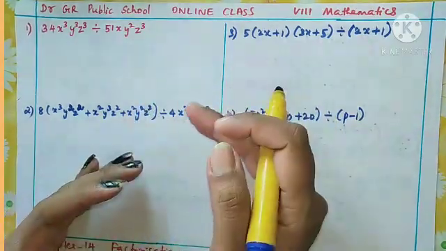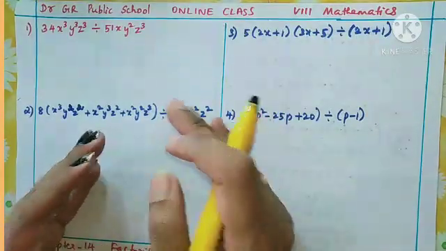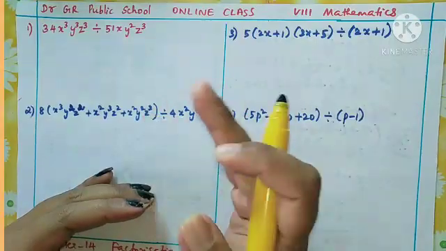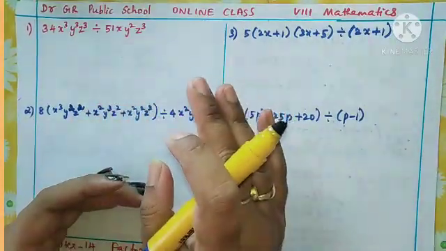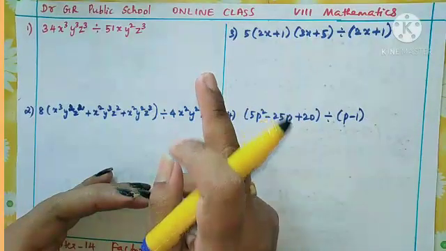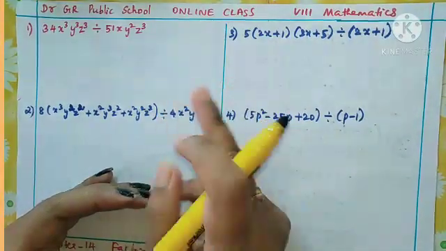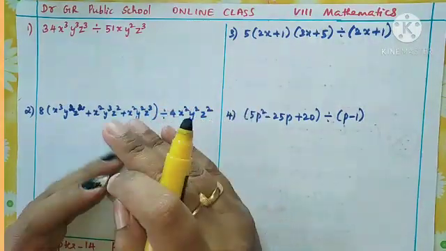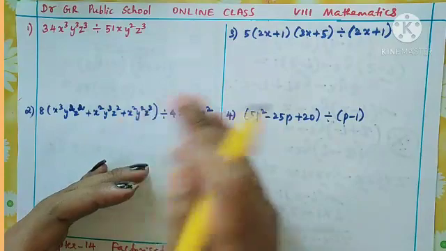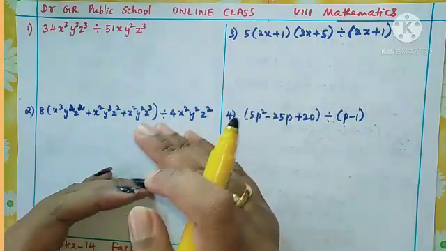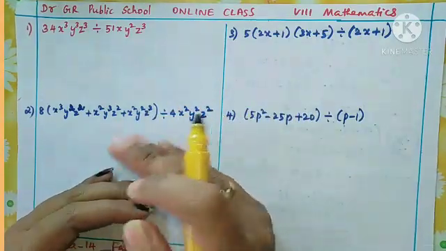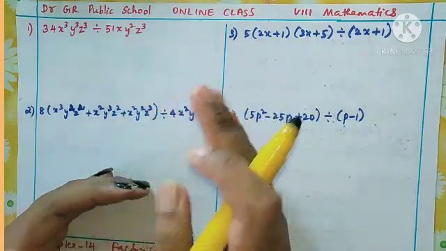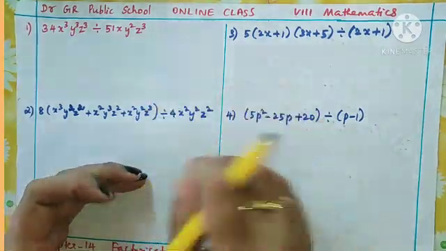So by all these methods we can easily find the factors of a given algebraic expression, splitting the given expression into the product of its irreducible factors. That is the meaning of factorization. So the given algebraic expression you need to write as a product of factors, and then apply the cancellation method for finding your required answer. These are all the important points for doing this type of problems.